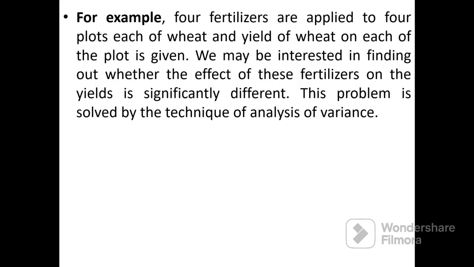Then the yield of that crop while applying all these four fertilizers will be different because the quality of the fertilizers will be different. So how can we observe how much they are significantly different or whether they are the same? By analysis of variance, we can observe whether the fertilizers have a significance difference or not, okay?